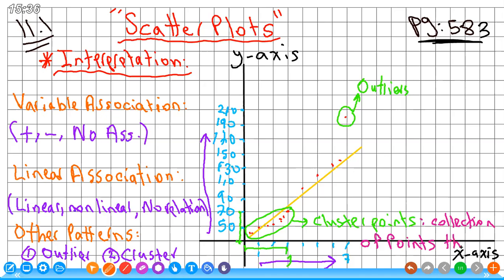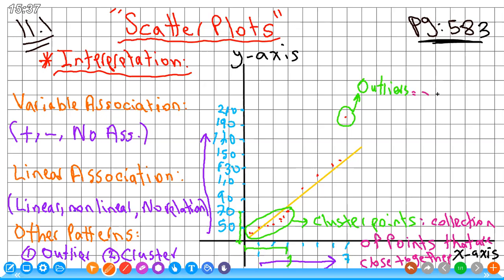And an outlier means it's a point that does not fit the pattern.